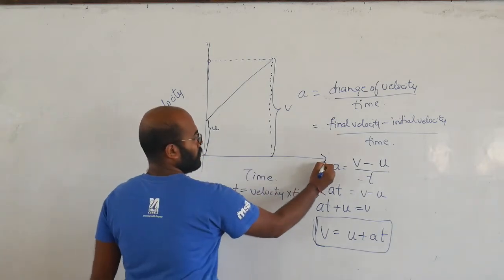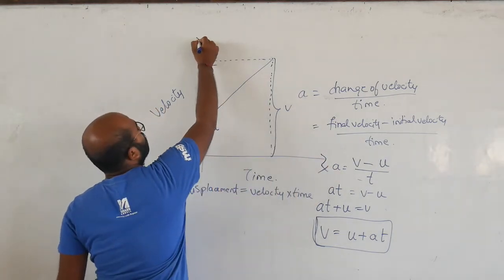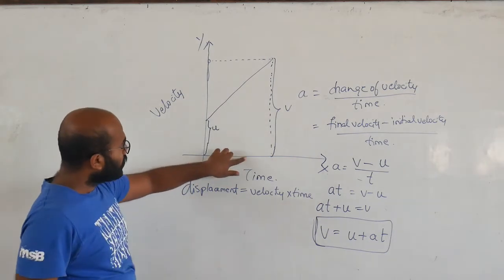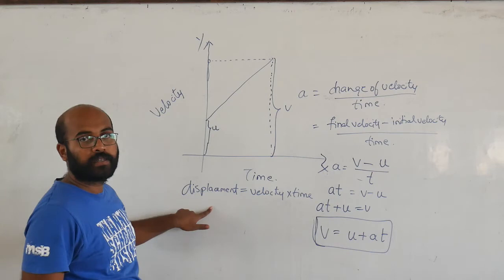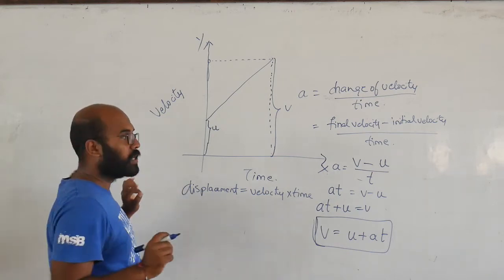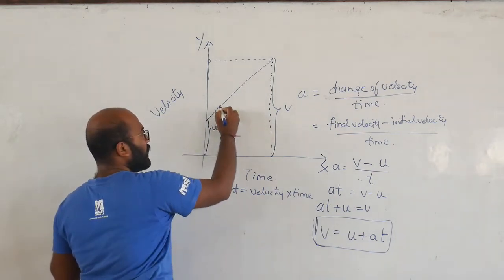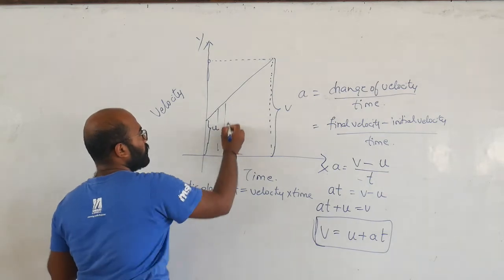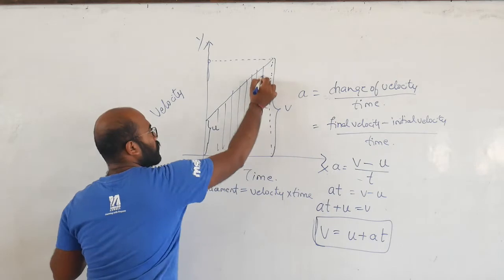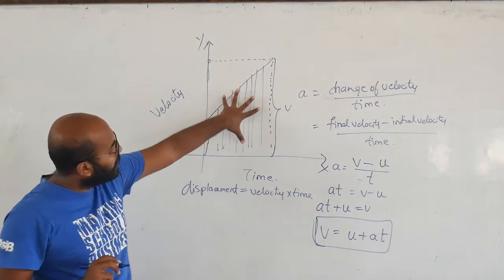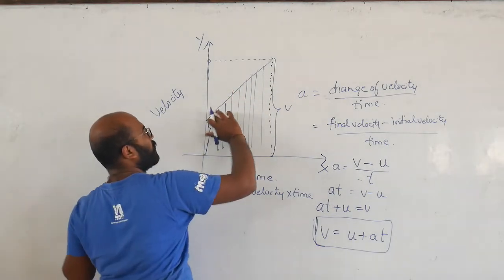When we multiply these two we get displacement. So this is nothing but the area under this graph.